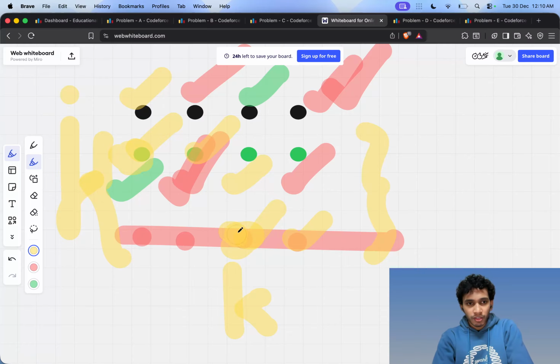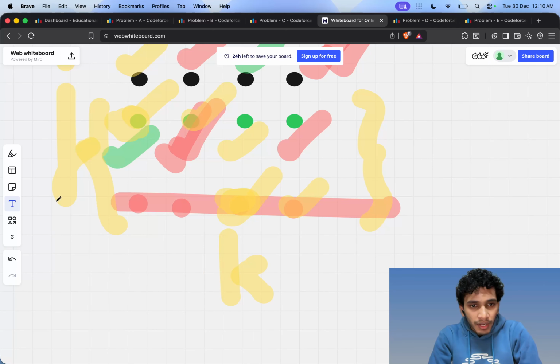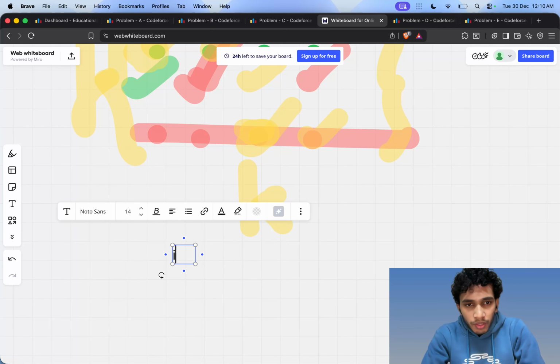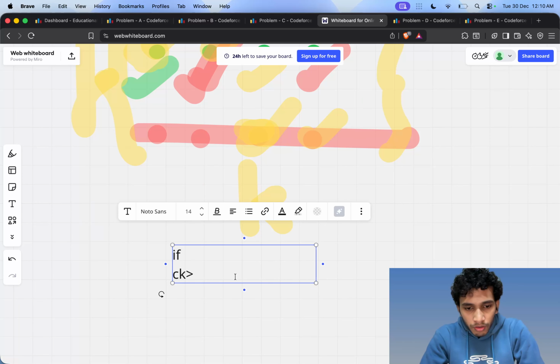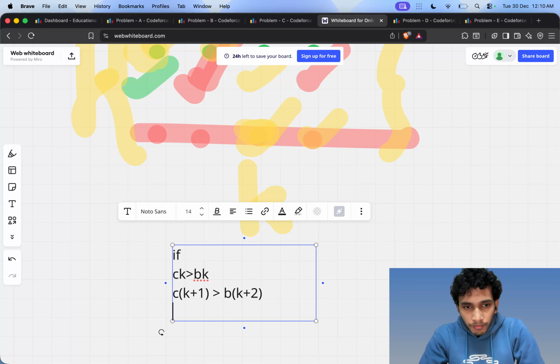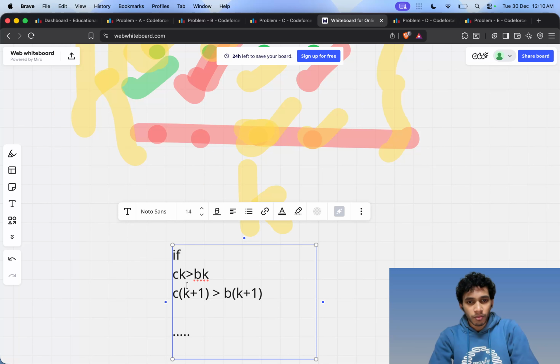How can we write this mathematically? If C of k is greater than B of j, C of k plus 1 is greater than B of j plus 1, and so on, then this particular combination j comma k is possible.